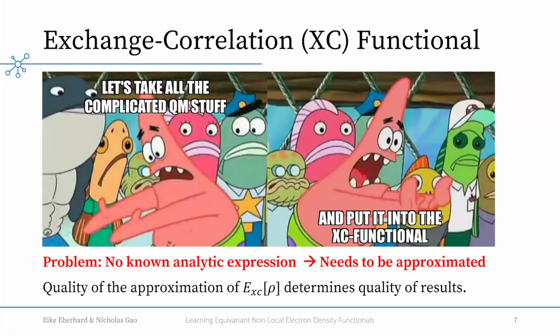And you might rightfully ask, what have you gained from doing this ansatz? You have a better posed problem in a sense, because the unknown is comparatively small, since the known terms can already account for the majority of the energy. And the accuracy of the whole calculation you might be doing with this functional really hinges on the accuracy of your approximation of this unknown term.